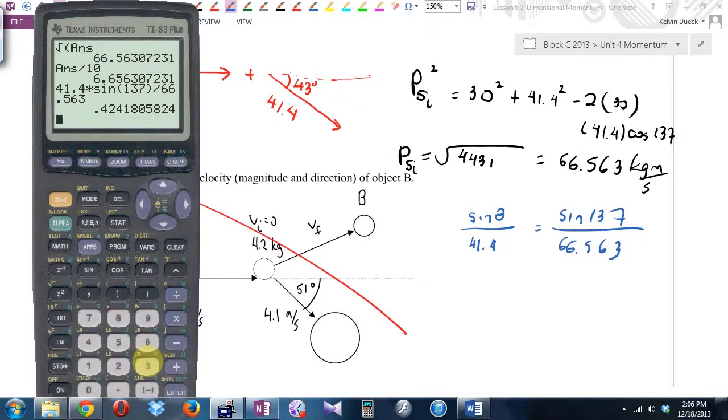What the? Oh! Inverse sine of that. And I get 25.1 degrees.